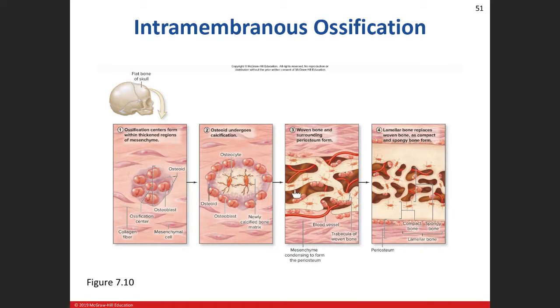Meanwhile, on the inside, this woven bone has these nooks and crannies occurring because the bone is starting to remodel that area, and some of that tissue is going away. So blood vessels start to infiltrate into these areas.